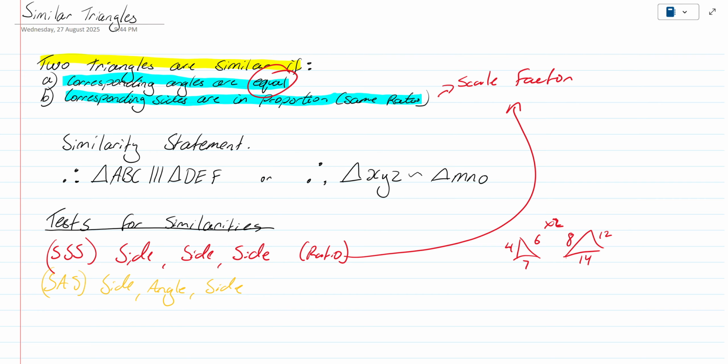So an example of that might be if we have this triangle here, 11 and 5, and we're given this angle in here, and then we have 22 and 10, and this angle there is also equal. So side, angle, side.